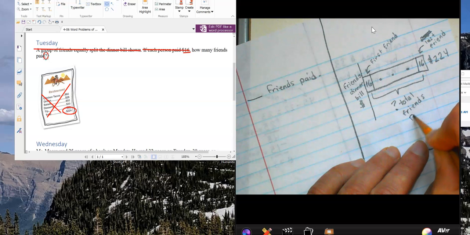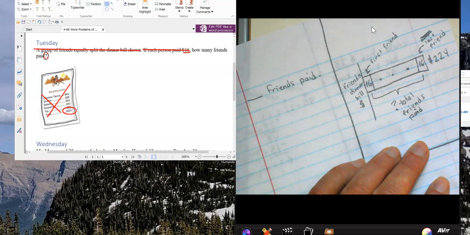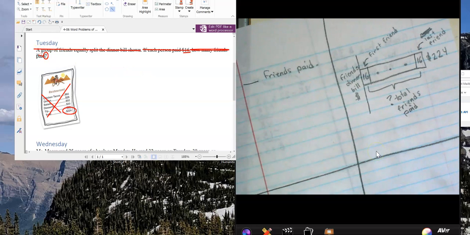You can say total friends paid. How many friends paid the bill? Well, I've got the question mark in there, so everything else is done with this word problem. I'm going to cross out everything. And then I'm going to go down here and work on my expression.